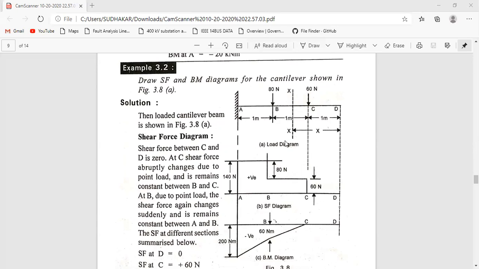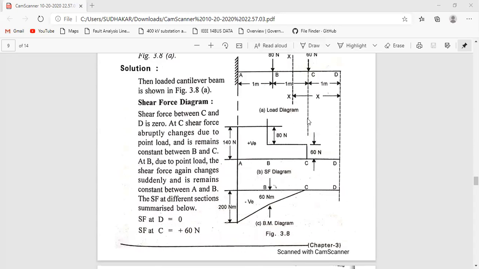In the case of bending moment, from C to D there is no force, and there is no bending moment also. Why? Because there is no force. From point C to B we have a force of 60 newtons, so from C to B we have to draw an inclined line.